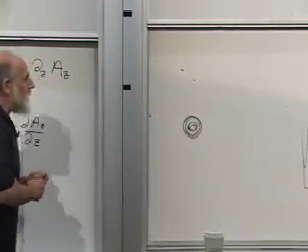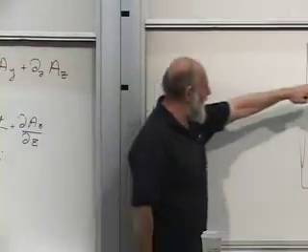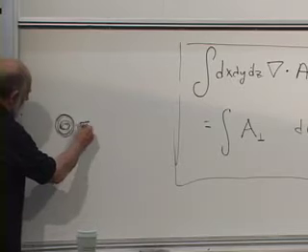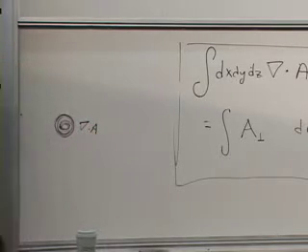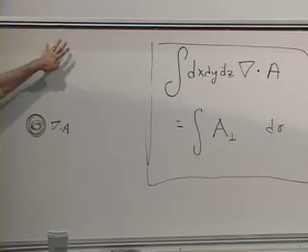Let's see if we can use that to figure out what the A field is. There's a del dot A in here. Can we figure out what the field is elsewhere, outside of here?